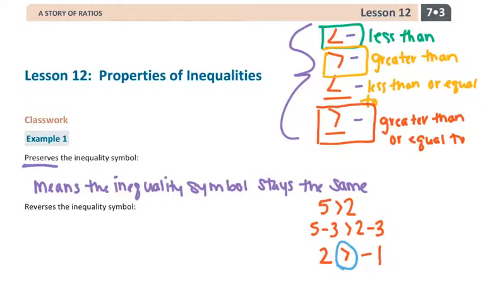Now, if we're talking about reversing the inequality symbol, it means that the inequality symbol is going to change.